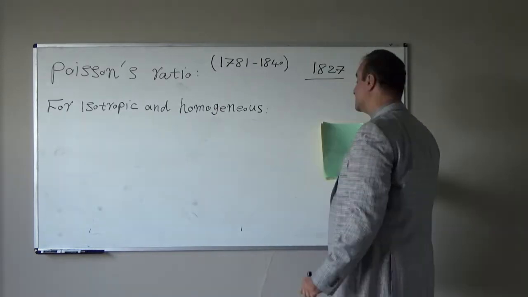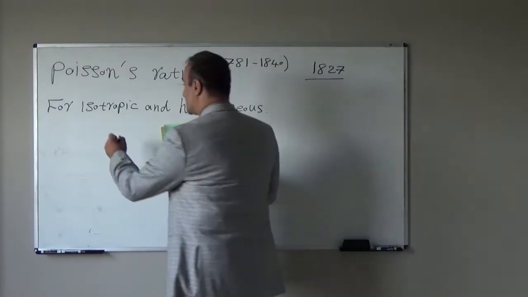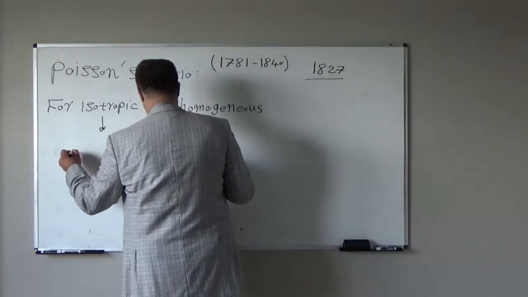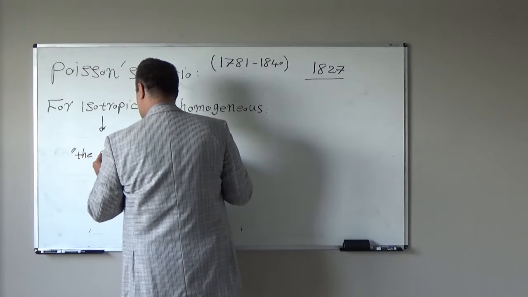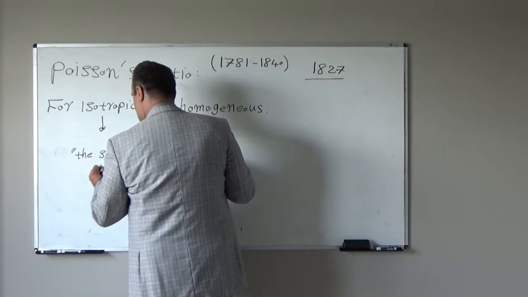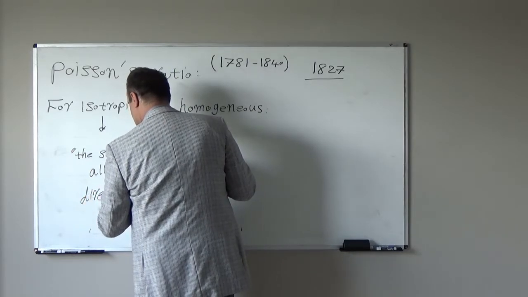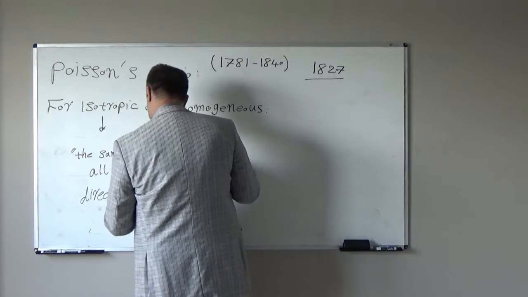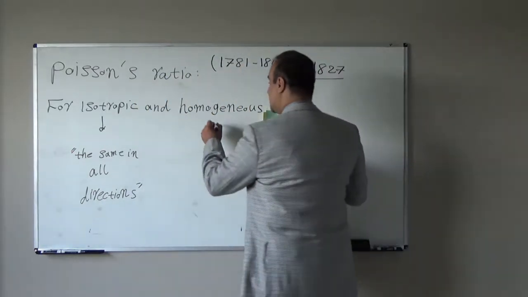Isotropic means the material property is the same in all directions.